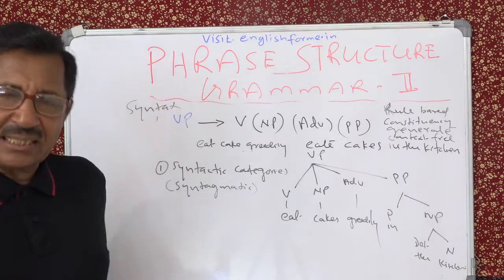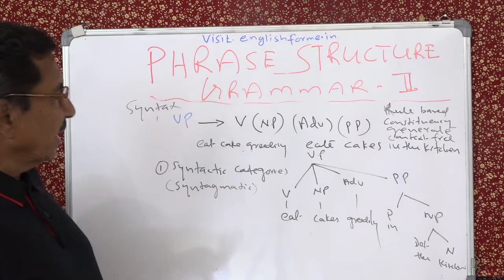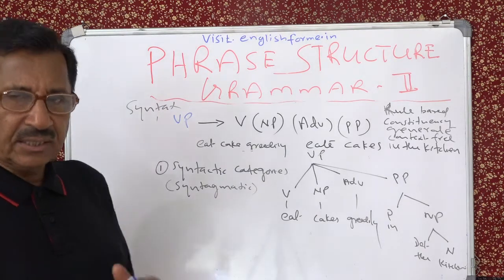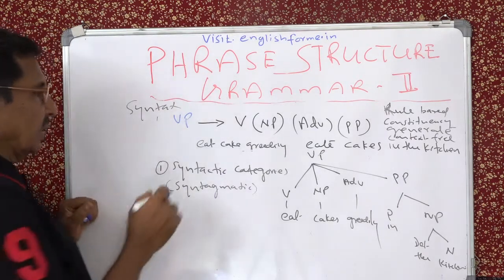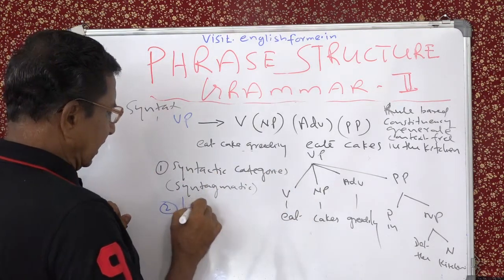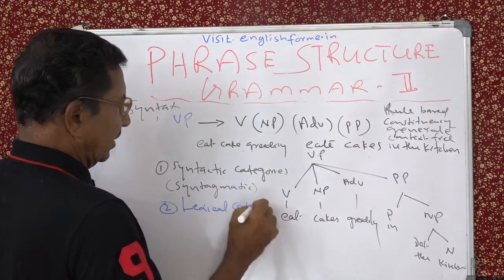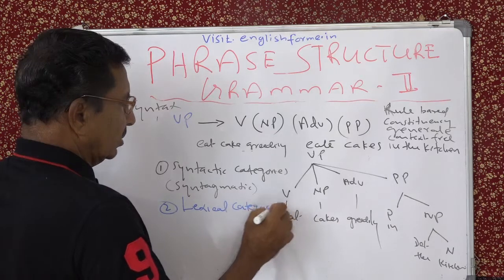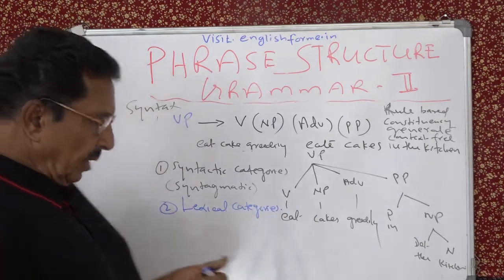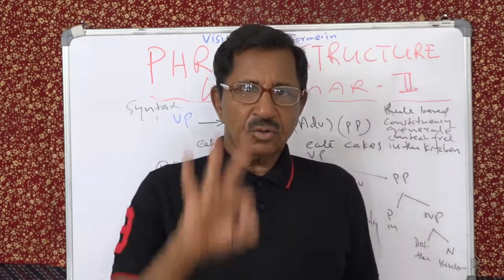Then you have lexical categories. Lexical categories we have already seen. That is parts of speech, traditional grammar parts of speech. One is syntactic categories. The second component is lexical categories. So if you are asked what the components of phrase structure grammar are, there are two components.